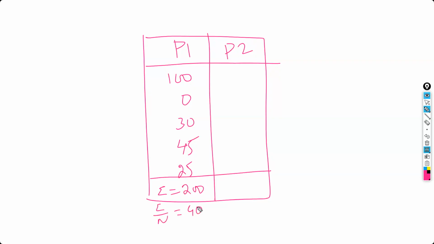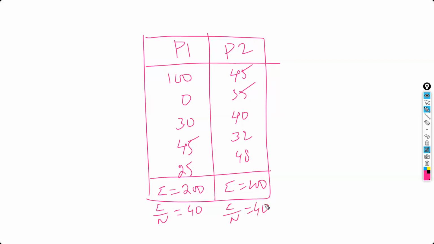Now player 2: 45, 35, 40, 30, 32, and 48. If you calculate the total for this, it is also 200, and the average is also 40.